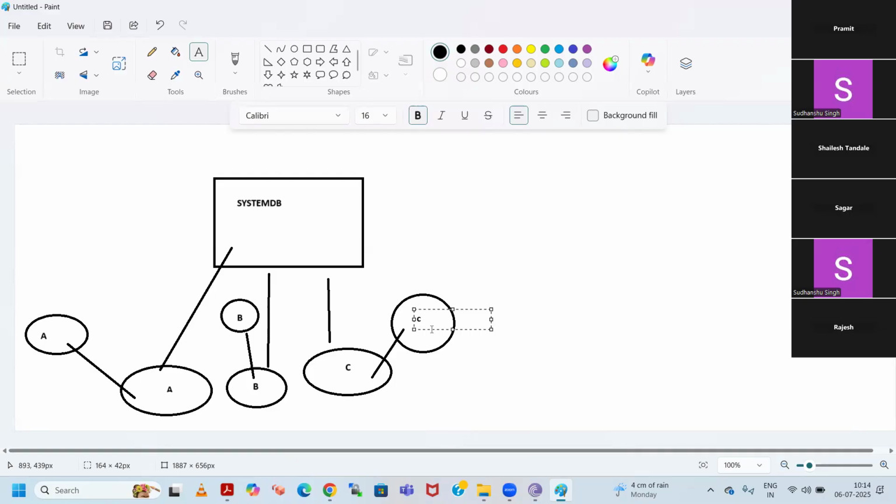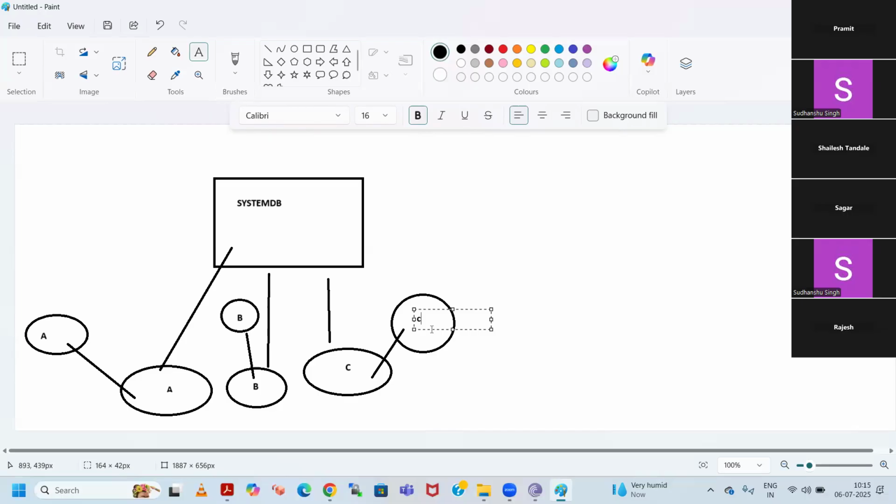So if any of the applications, let us suppose A is down, obviously B and C are not dependent upon A, right? So if A is down, that will not affect even a bit to B and C. B and C will continuously run. B and C will not have any problem and they will lead their individual life. Right, guys? So that is how the definition of system DB and tenant DB goes.